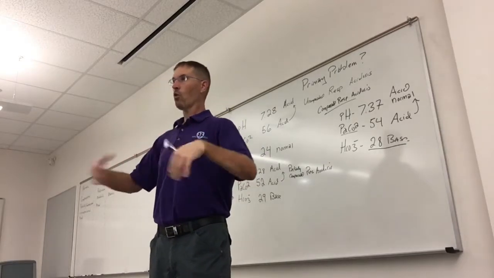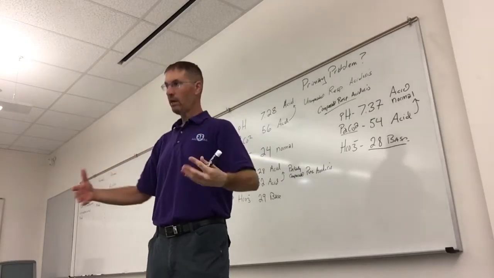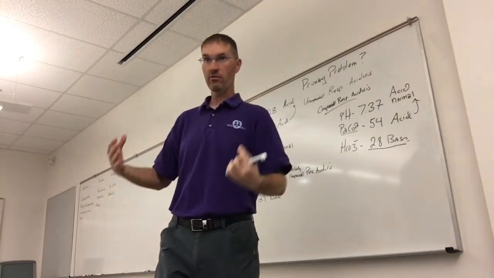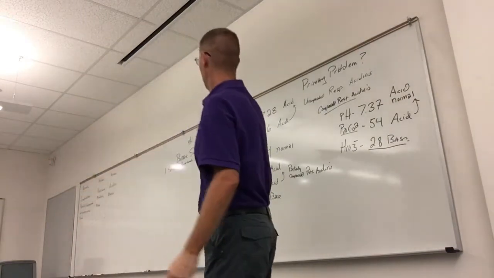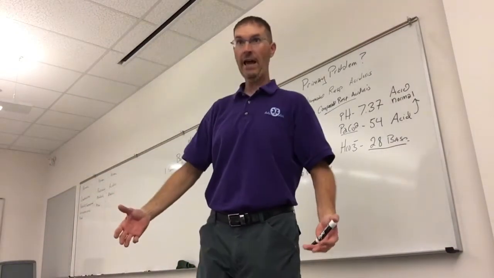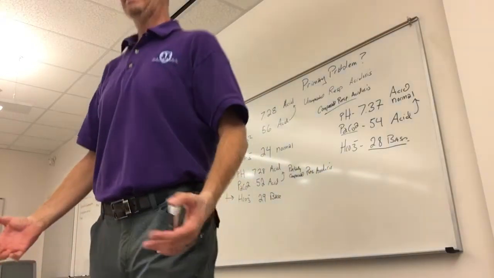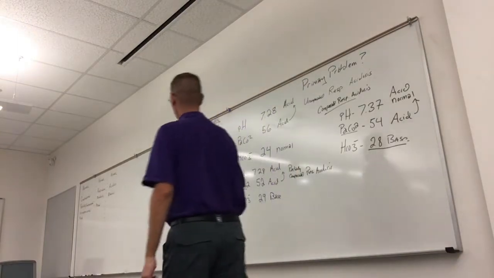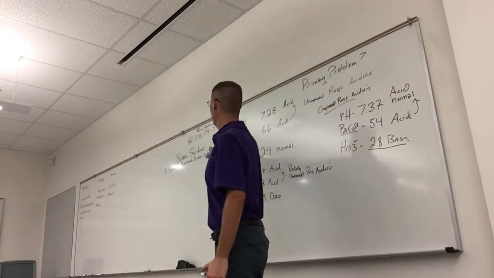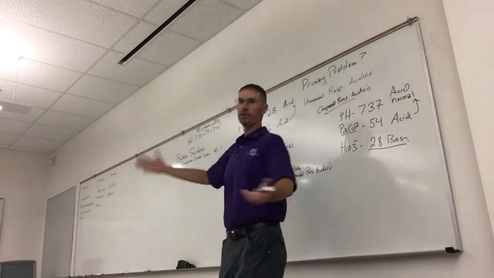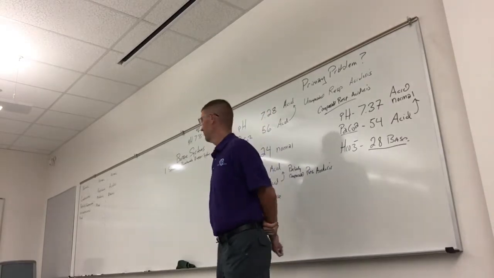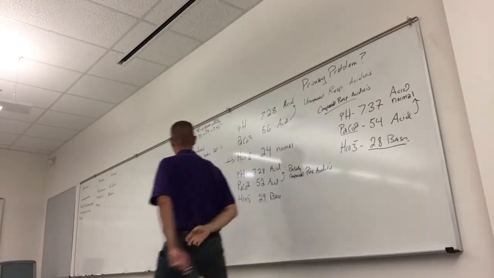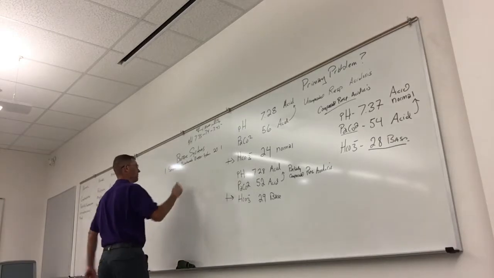But as more and more carbonic acid is produced, more hydrogen ions are released, the pH of your blood decreases, and the bicarbonate buffer system begins to fail. Then you go, oh my God, I need to take a breath now. Make sense? 20 to 1 ratio is what? 20 bicarbonate to 1 hydrogen ion. Okay, so that's the first system.